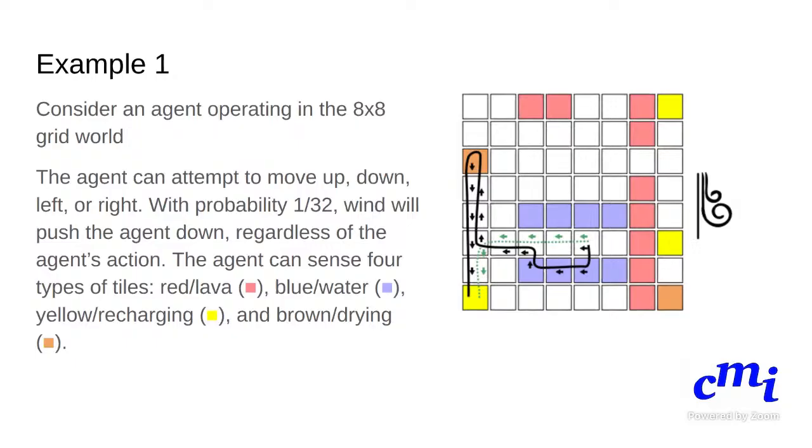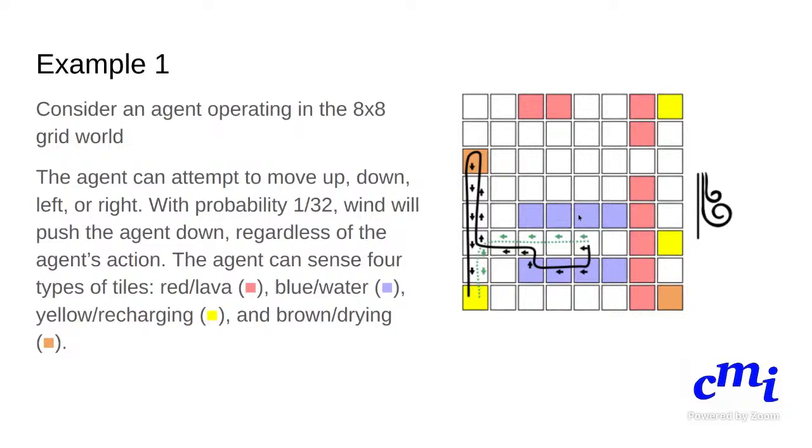So consider an 8x8 grid world. We can imagine it as a game, it could be an open world game, but for simplicity let's say it's an 8x8 grid game where you are an agent. You spawn in one of the white tiles, and there are different colored tiles: blue tiles represent water, red tiles represent lava, and yellow tiles are the target tiles that you want to reach.